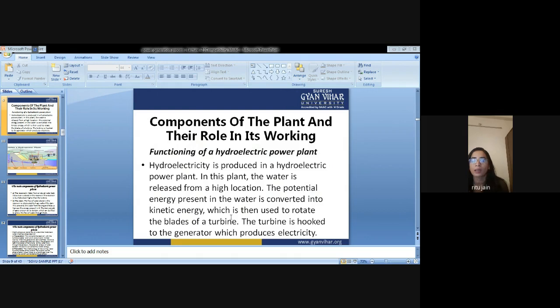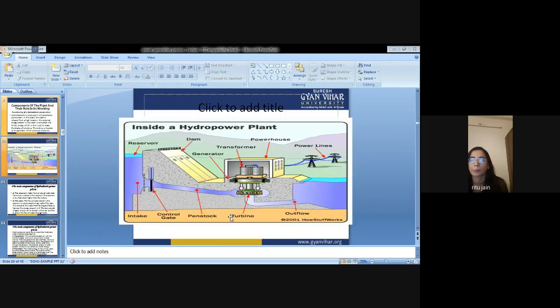Then this kinetic energy is again converted into mechanical energy. Finally, mechanical energy is converted into electrical energy. So the potential energy of water is converted into electrical energy. The potential energy present in water is converted into kinetic energy, which is then used to rotate the blades of the turbine. The turbine is hooked to the generator, which produces electricity.